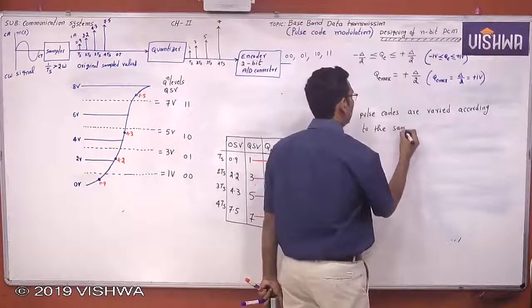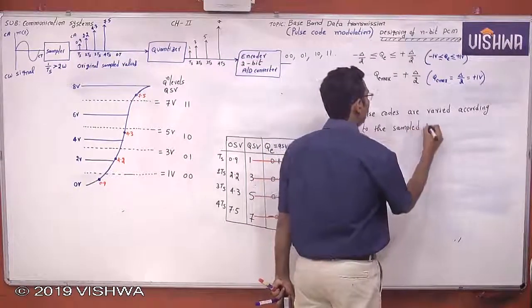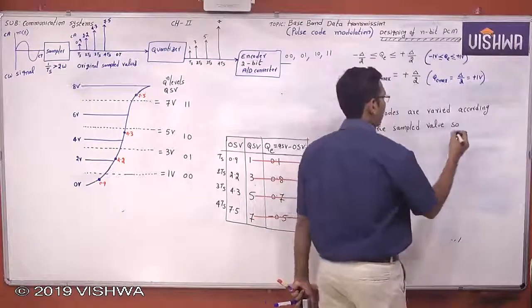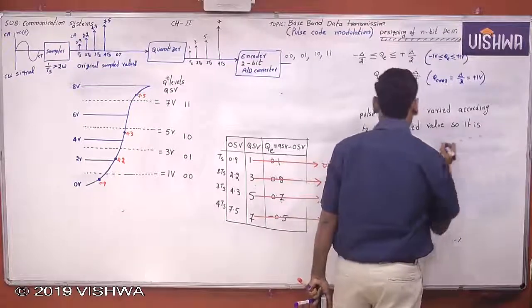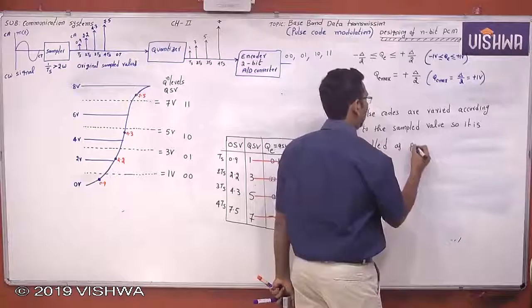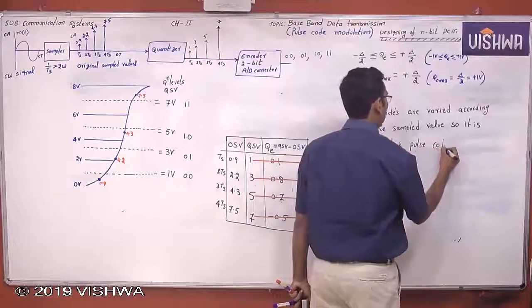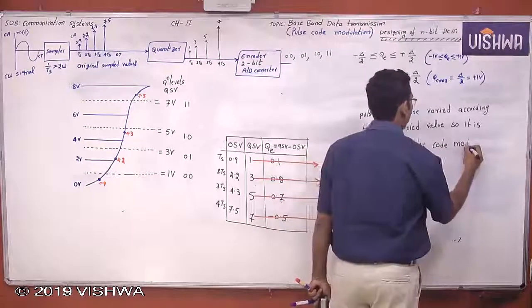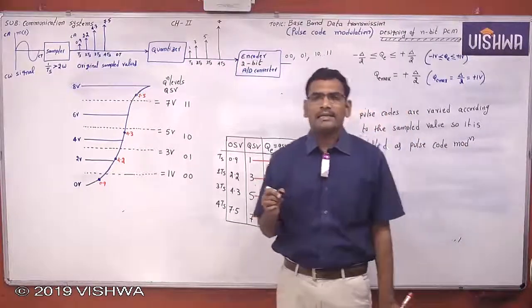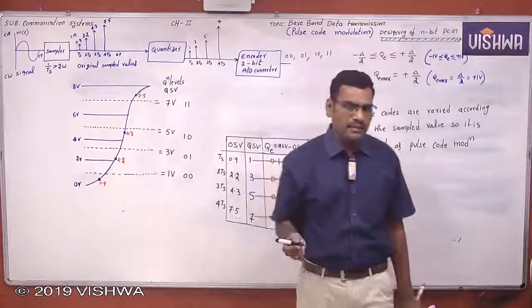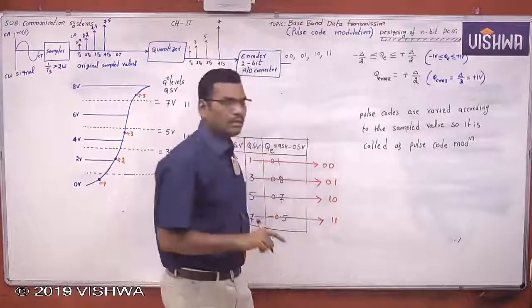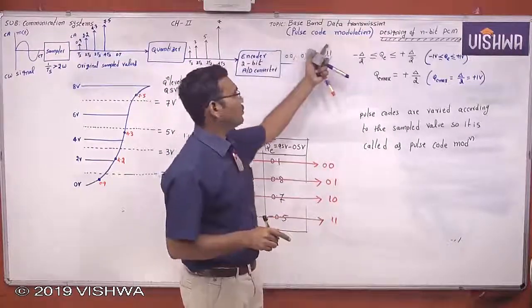Pulse codes are varied according to the sample value. So it is called pulse code modulation, because generally modulation is where a pulse carrier's characteristic parameters are varied. Here also the pulse codes are varied according to the sample value. That is the reason why this is called pulse code modulation.